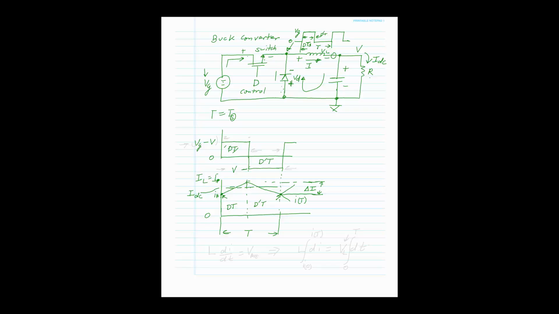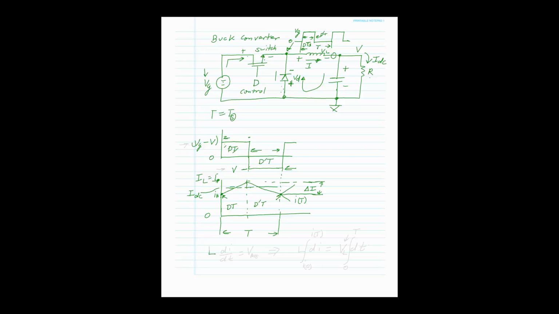So you will see that this is nothing more than a volt-second balance. This voltage times the seconds should be equal to this voltage times the seconds. And that's what we mean by a volt-second balance. Now, that is nothing more than Faraday's law.